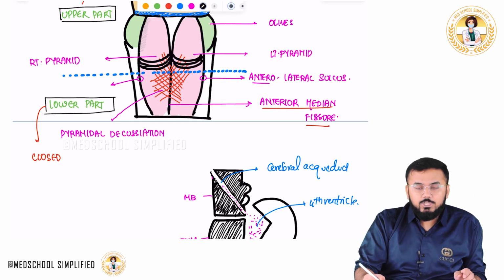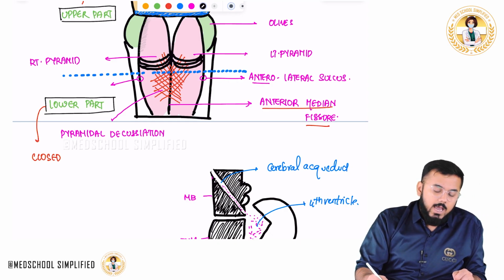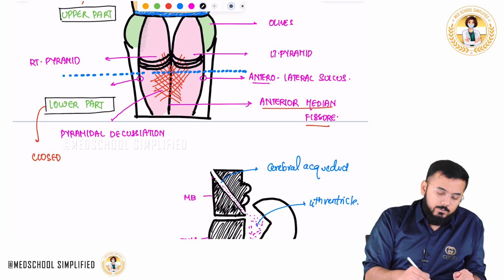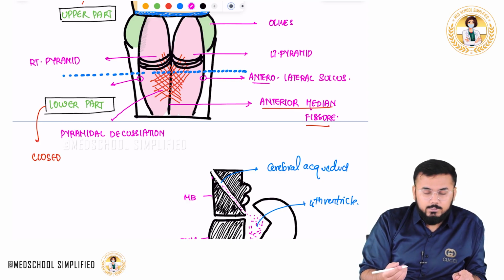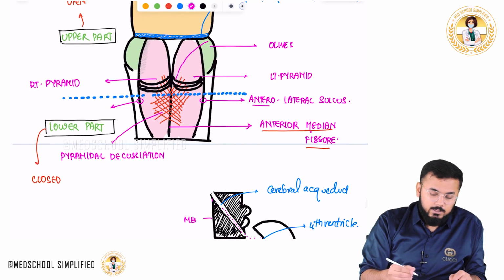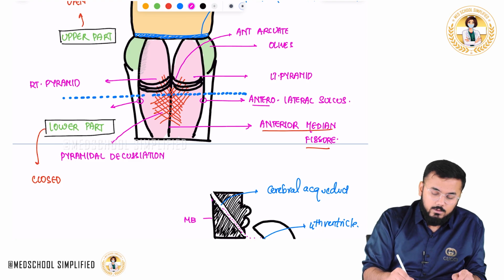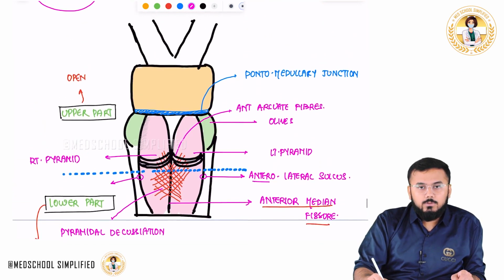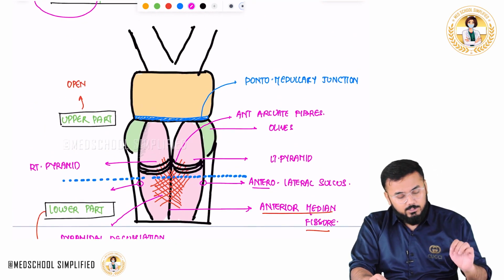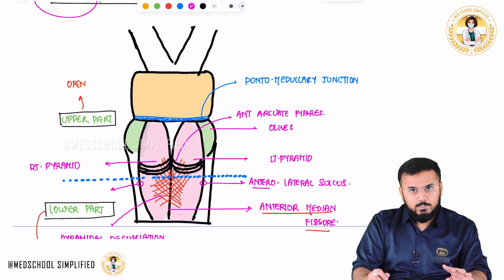These arc shaped fibers are called anterior arcuate fibers. Why anterior? Again the same story, because they are present on the anterior side. So these fibers over here are called anterior arcuate fibers. These are the structures you can see from the anterior side.